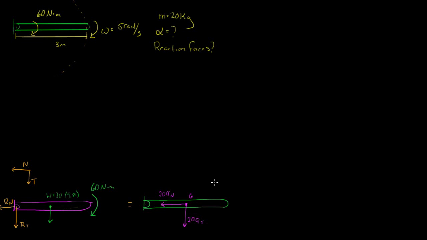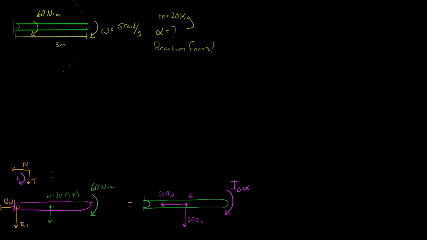Now, I also need to account for my moment of inertia, and this right here is going to be my moment of inertia about my midpoint times my angular acceleration. Okay, so now I can sum my forces in all these different directions, and I can pretty much solve for all my variables.